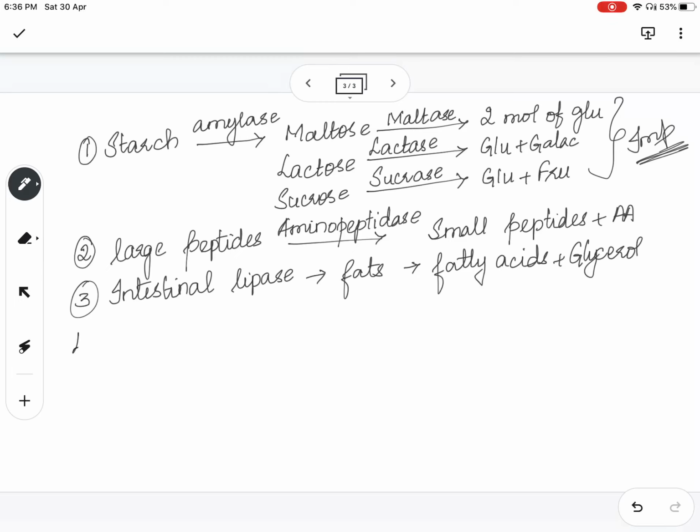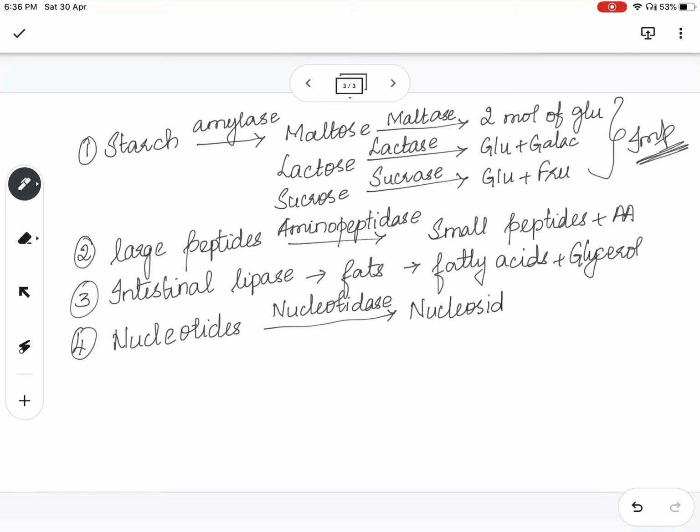Then coming to the fourth one, nucleotides are also broken down here in the small intestine. Nucleotides, using the enzyme nucleotidase, form nucleosides plus phosphate.